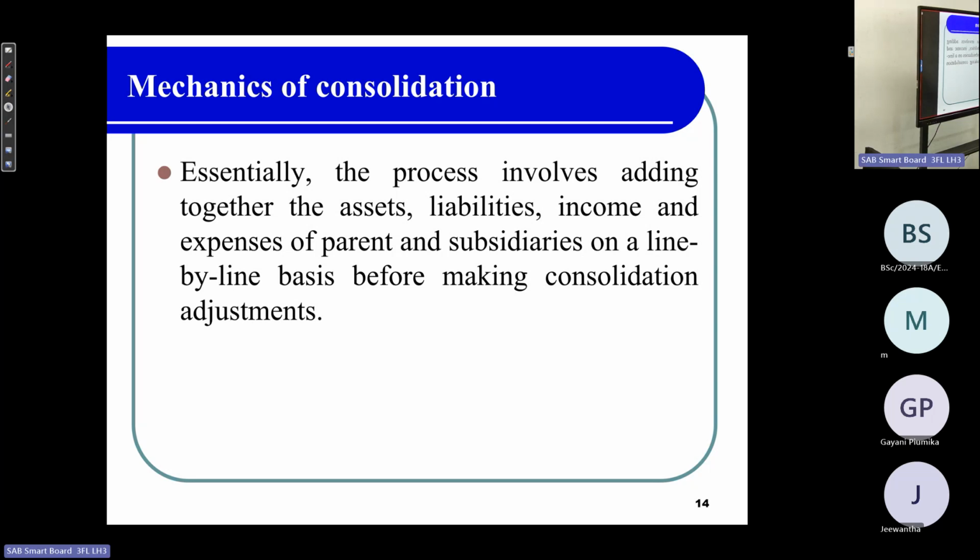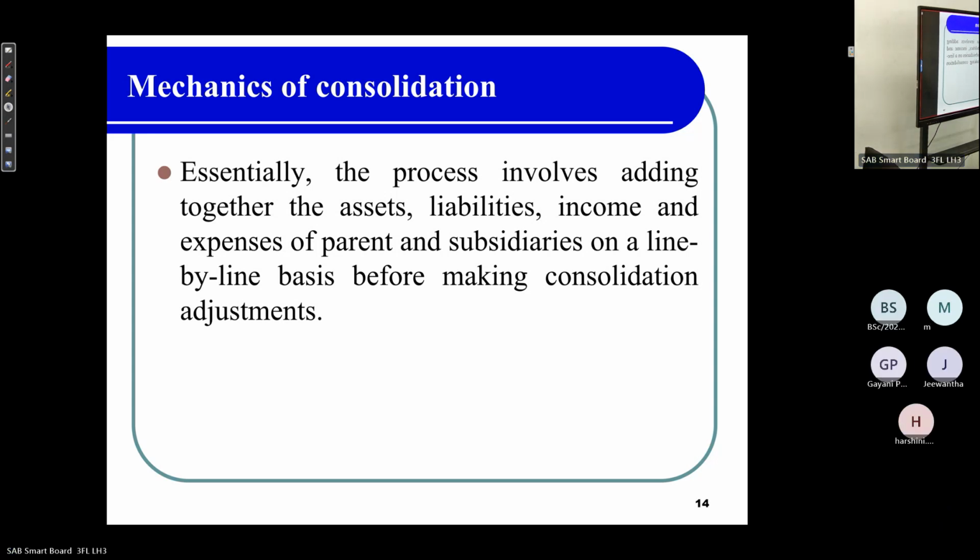Consolidated statement of financial position. Consolidated statement of profit and loss and other comprehensive income. Consolidated statement of changes in equity. Next, consolidated statement of cash flow.